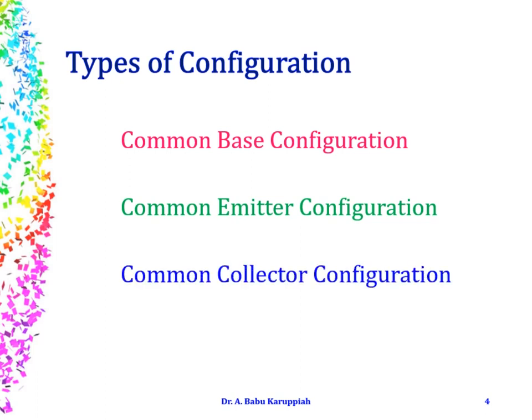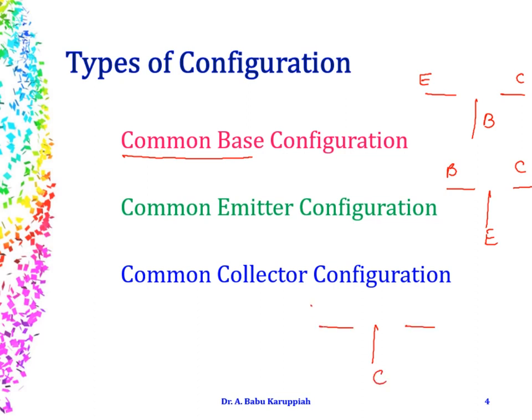As the name implies, in common base, the base is kept as the common terminal. In common emitter configuration, the emitter is kept as the common terminal, and in the common collector configuration, you do have the collector to be the common terminal for both the input and the output terminals. You have it as base and you can have this as emitter. So this is how the arrangements are.